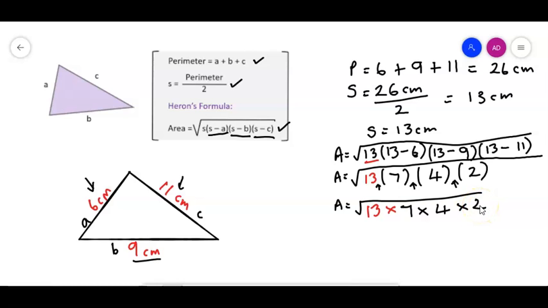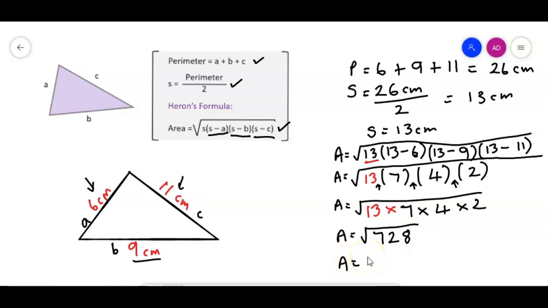So you just pop 13 multiplied by 7 multiplied by 4 multiplied by 2 into your calculator and you should get 728.